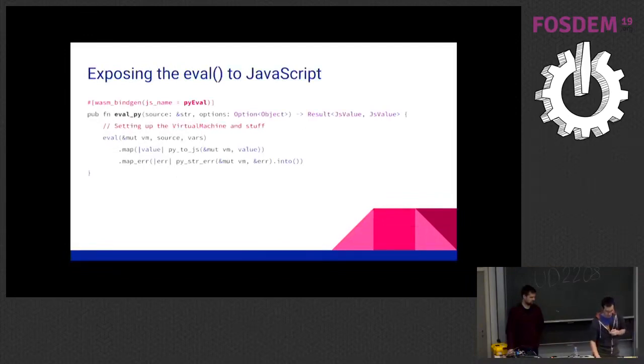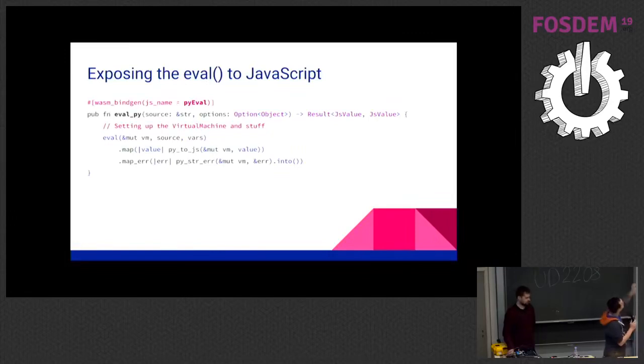We cannot show all the code, but let me show some interesting parts of it. This is the main function we use in JavaScript to evaluate the Python source code. The key part you can see is that there's a wasm_bindgen attribute, and it gives us a JavaScript name called pyEval.